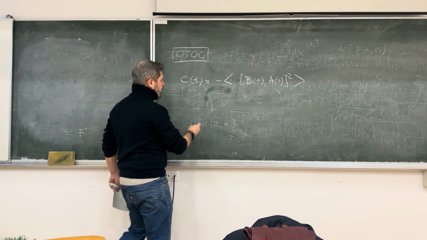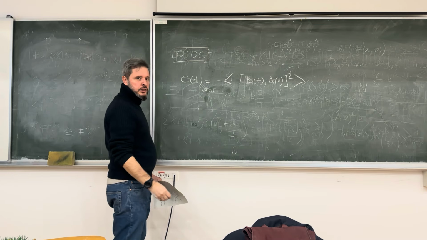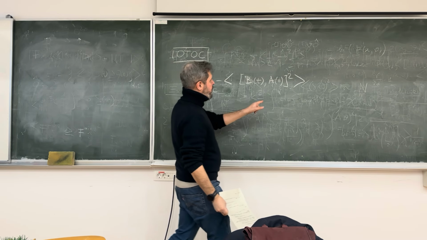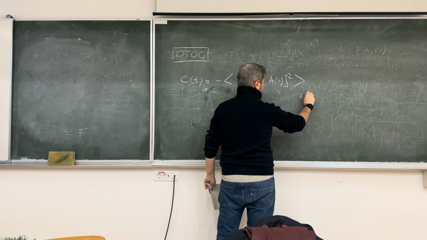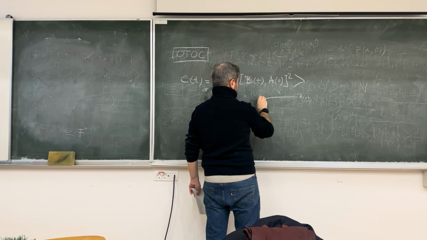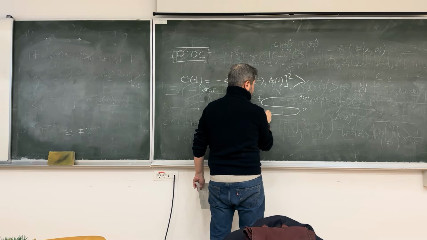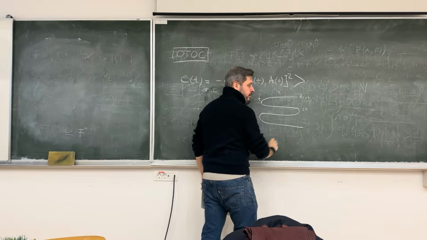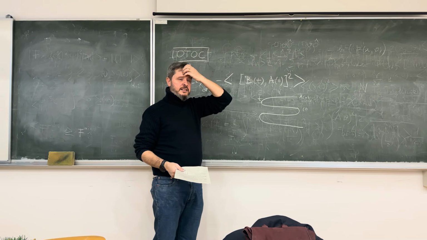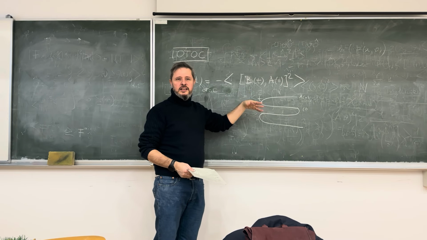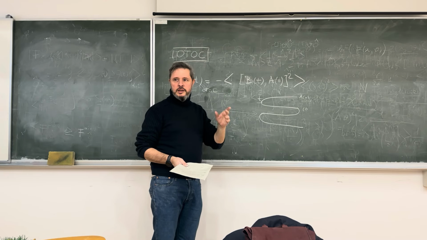So this is an example of what people would call an OTOC, out of time order correlation. Out of time order because you have an operator at time 0, then an operator at time t, then another operator at time 0, and then another operator at time t. Well, we will be discussing it next time, but this is not something that you can easily represent on a Keldysh contour. Let's put it this way.